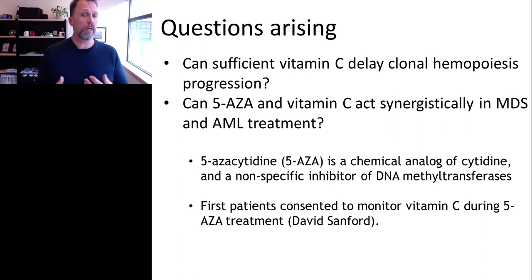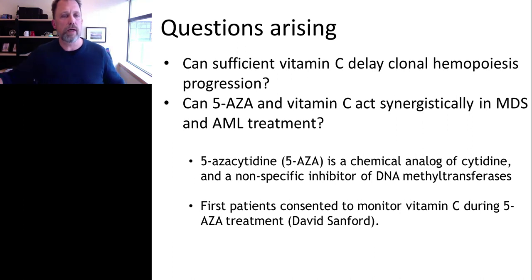And finally, can vitamin C in the context of 5-azacitidine, which is a standard of care for MDS and refractory AML, act synergistically with 5-azacitidine to lead to increased DNA demethylation and therapeutic opportunities? As I mentioned earlier, 5-azacitidine acts as a non-specific inhibitor of DNA methyltransferases, so maybe the additional vitamin C can act synergistically.